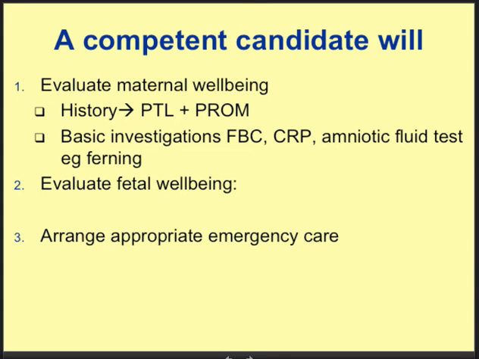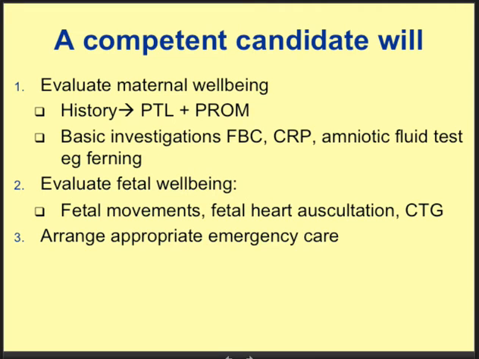detects, identifies that we're dealing with preterm labor and preterm rupture of membranes, will organize basic investigations like a full blood count, CRP, an amniotic fluid test from a speculum examination, for instance ferning, to confirm PROM, evaluate fetal well-being by asking the question about fetal movement, thus auscultate for the fetal heart when examining the lady, and would request a CTG.